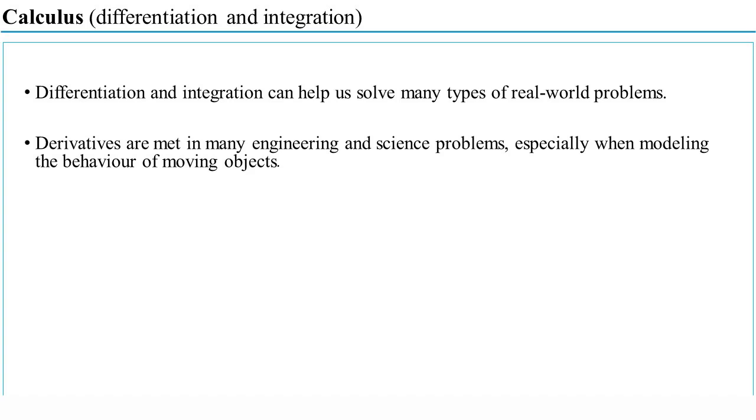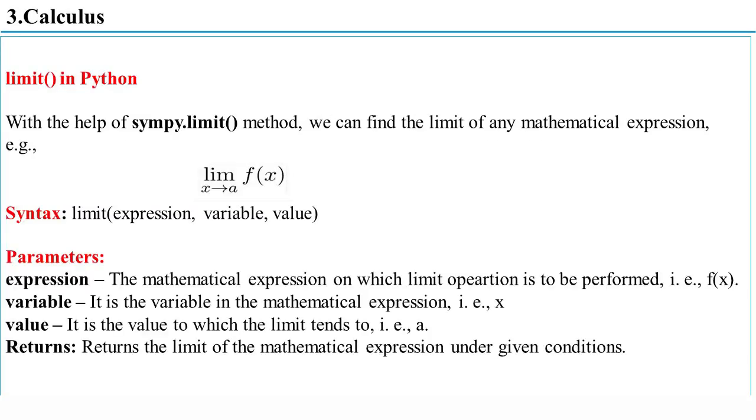Next, calculus, differentiation and integration. Differentiation and integration can help us solve many types of real world problems. Derivatives are met in many engineering and science problems, especially when modeling the behavior of moving objects. Calculus, limit in Python. With the help of the sympy.limit method, we can find the limit of any mathematical expression. For example, limit of f(x) as x tends to a.